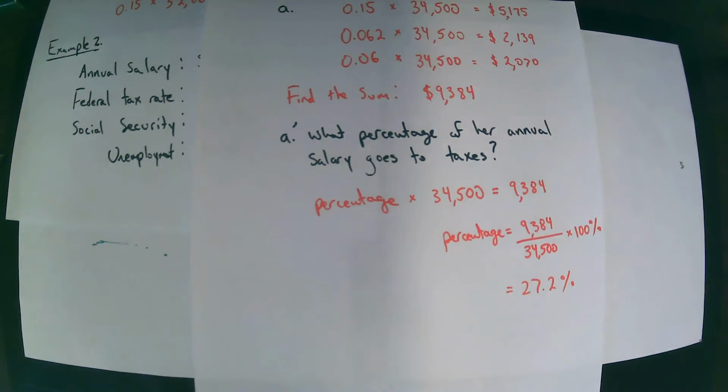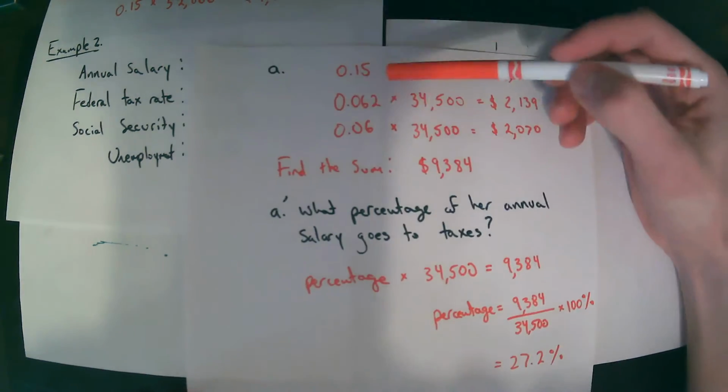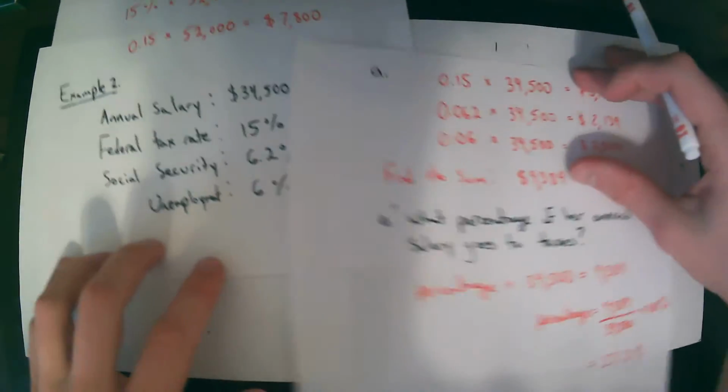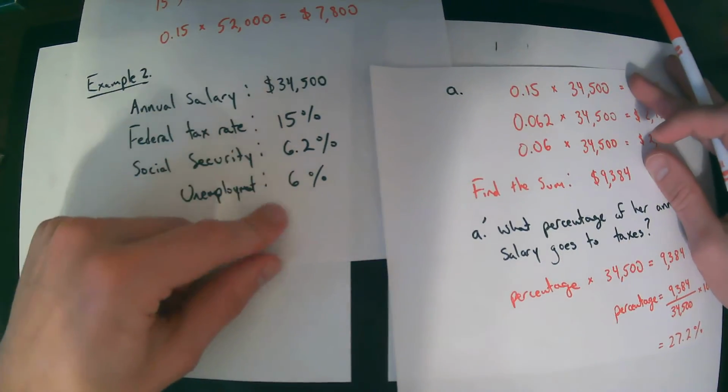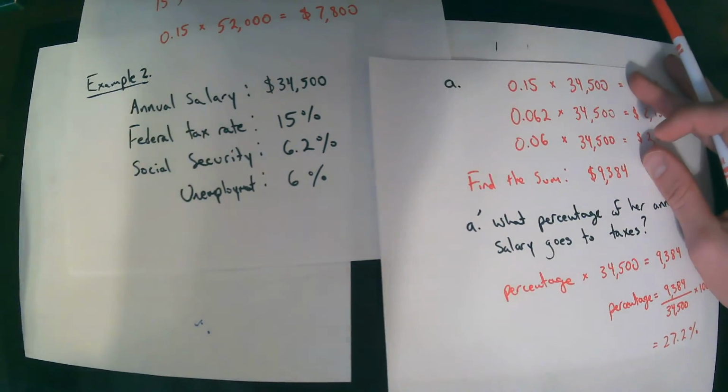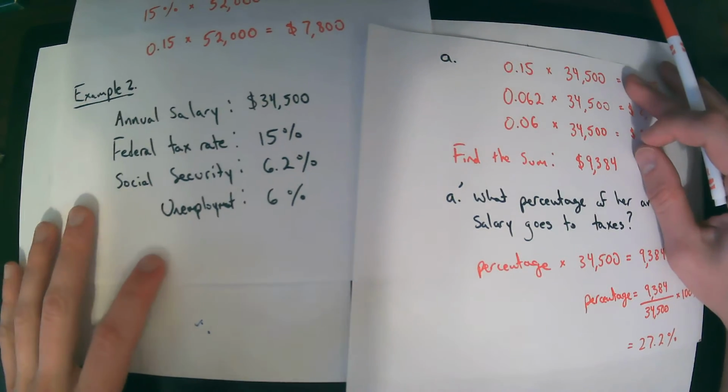27.2%. Can you think of another way that you could have found that? Probably just by adding up the percents, right? These percents. Would that work? It would. In this case, it would.